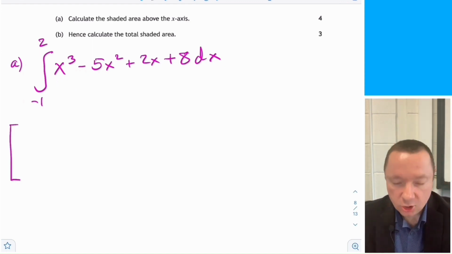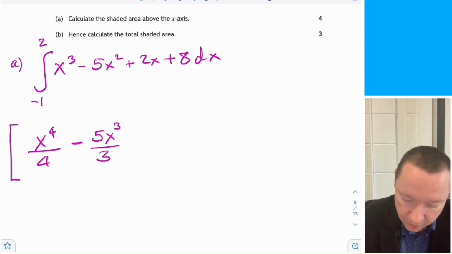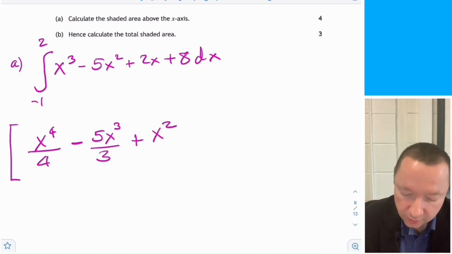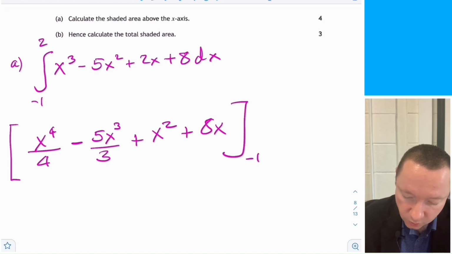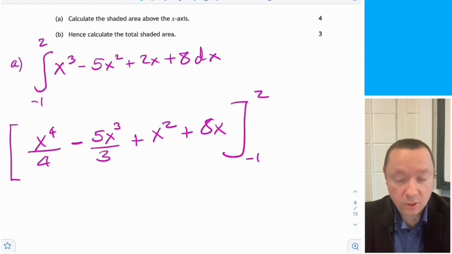So x cubed becomes x to the power of 4 over 4 minus 5x cubed over 3 plus 2x becomes x squared divided by 2, still x squared, plus 8x, and we're doing that between the limits of minus 1 and 2. So we need to substitute 2 in, take away, then substitute minus 1 in.